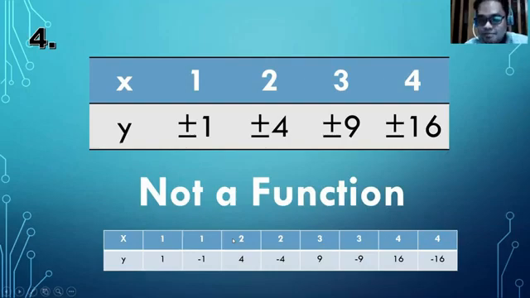Same here, 2 is being paired with 4, and 2 is also being paired with negative 4, having the same abscissa, which is 2. And so on. That makes this one not a function.